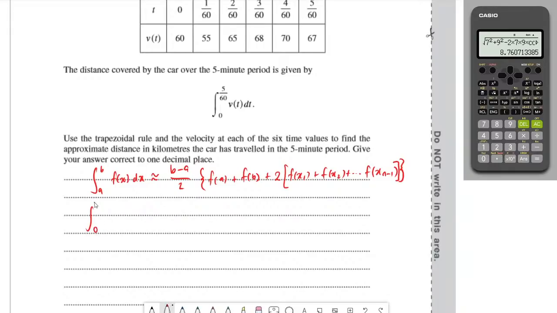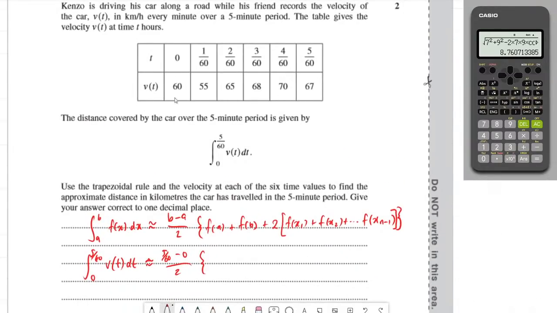We've got the integral from 0 to 5 on 60 of v of t dt is approximately equal to b minus a, so 5 on 60 minus 0, over 2, times the function value at a. My function value at a in this case is this value here.